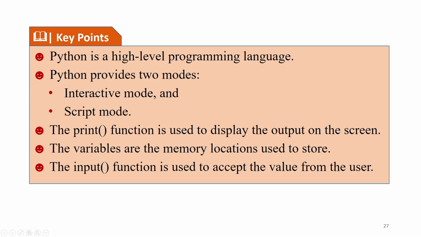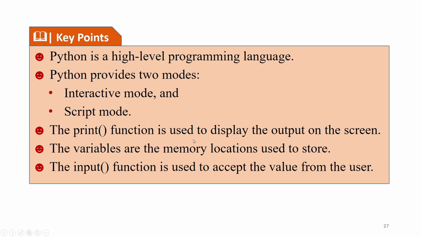Do you remember the other name for interactive mode? It is the run mode, or it could be used as a calculator also. Then there is another mode which is called script mode, or the program mode, or the editing mode.